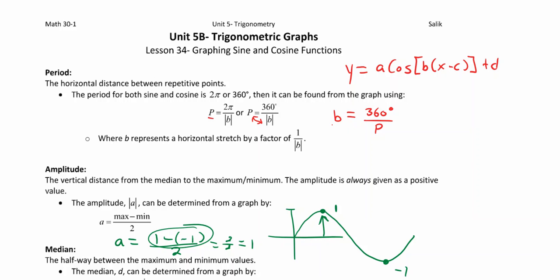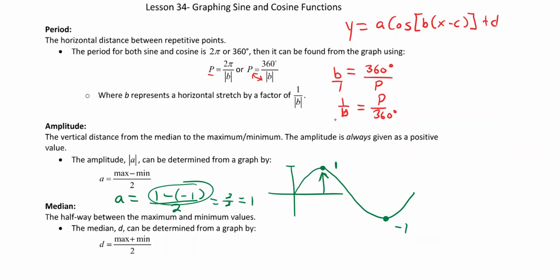If I rearrange that, it's the same thing as saying 1 over b is equal to p over 360 degrees. So let's say that your period was 720 degrees. Here, I'll write another one. So p.